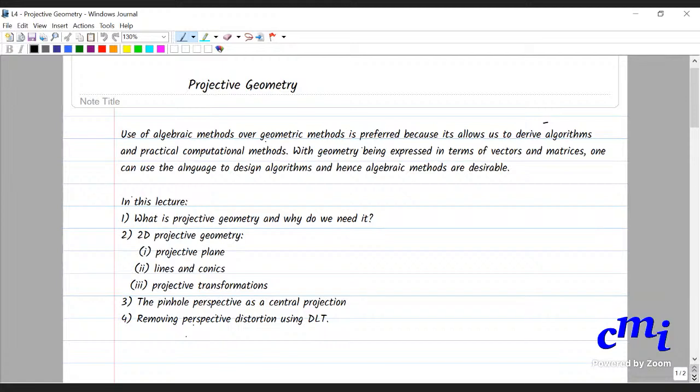So what is projective geometry and why do we need it? If you have seen images, generally you will see that in the pictures that you take, shapes do not appear like they actually are. From a particular angle, you may be able to preserve a particular shape, but if you look at images of circles, they will not appear as circles exactly.